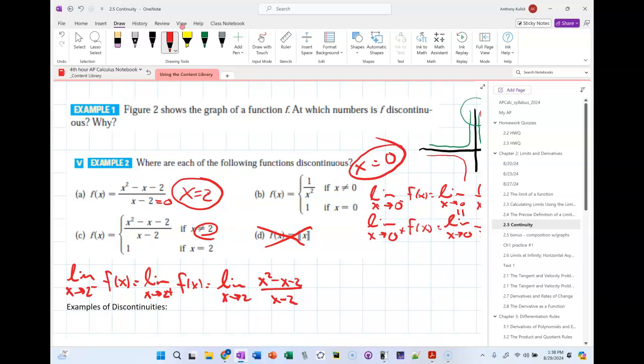So I'm going to have to do some kind of algebraic trick to clear that indeterminate form hurdle. What can I do with this particular limit? Yeah, I heard somebody say factor. How does that numerator factor? Times x plus 1, right?